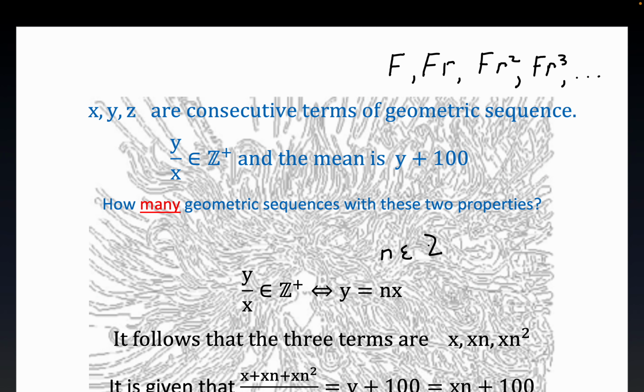Now, that's really quite powerful, because we have X, Y, Z all of a sudden in this form. And as this is written, these would be the first three terms of some geometric series. Now, let's see what we can do with the rest of the information.